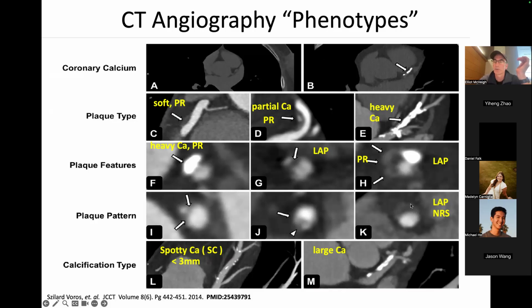This is a really cool thing. This is called a napkin ring sign, NRS. And here's the vascular lumen that's still open. You can see that out here there's positive remodeling, and then there's this dark signal right here. That dark signal actually is thought to be lipid inside a lesion.